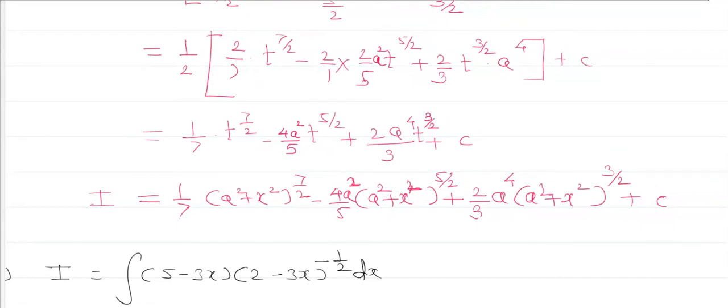Now I can write these two things: this is a square and this is x square.